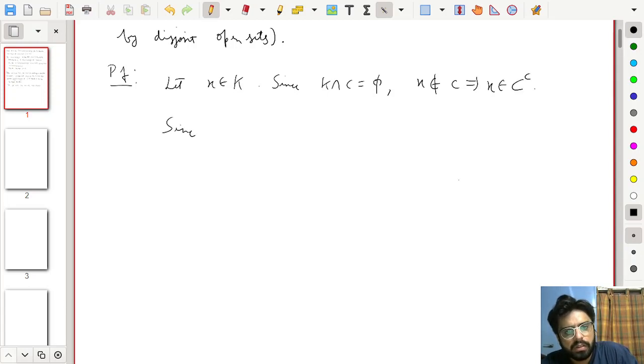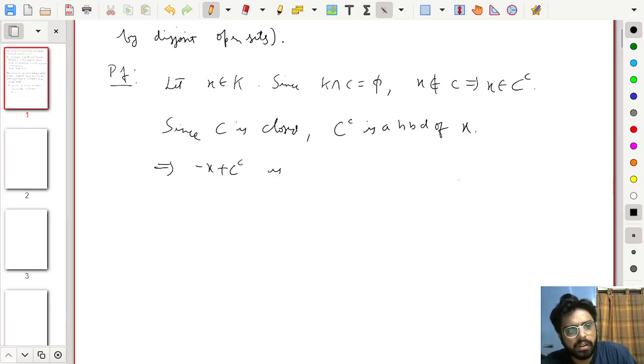Since C is closed, C complement is a neighborhood of x. This implies minus x plus C complement is a neighborhood of 0.